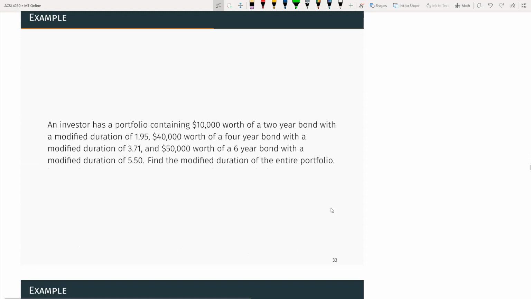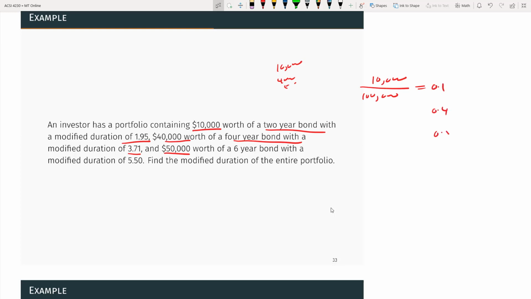So here's an example. The portfolio is 10,000 worth of 2-year bond with modified duration of 1.95, 40,000 worth of 4-year bond with modified duration of 3.71, and 50,000 worth of another bond. So basically you add the total worth: 10,000 plus 40,000 plus 50,000, which is 100,000. Then you take the weight, 10,000 divided by 100,000, which is 0.1. The other one's weight is 0.4, and the other one is 0.5.